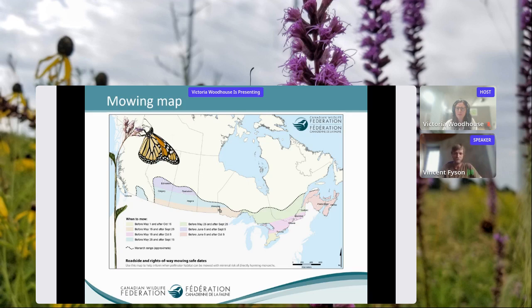So there might be some challenges involved with following these dates, but these would be the ideal dates if at all possible. So maybe it's easier for, say, a hydro corridor, which is going to be mowed just to keep scrub down or brush down rather than just grasses, in which case it could be done earlier in the year before May 1st.